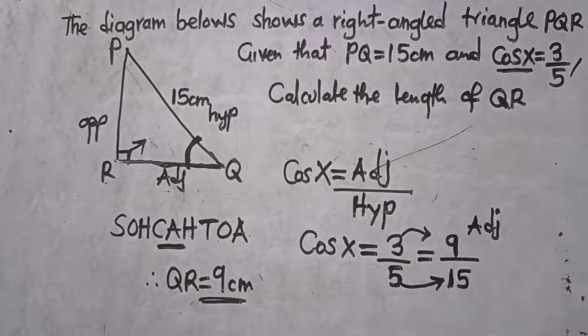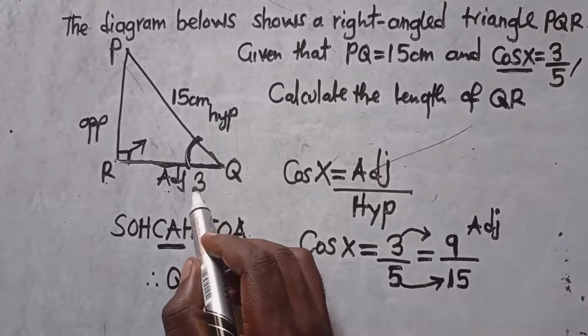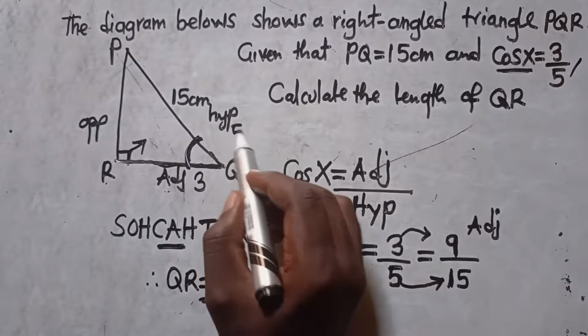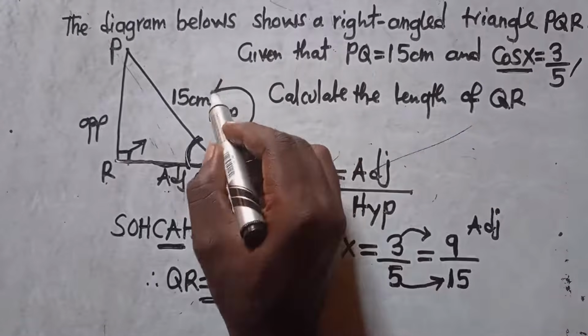The concept I have used here is just ratios. You analyze a question and see how you can answer it. For them to say cos X is 3 over 5, meaning there is a 3 here, then that side there is a 5. But we are given a 15.